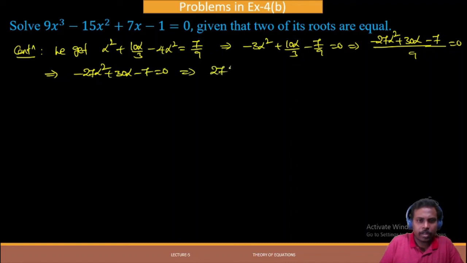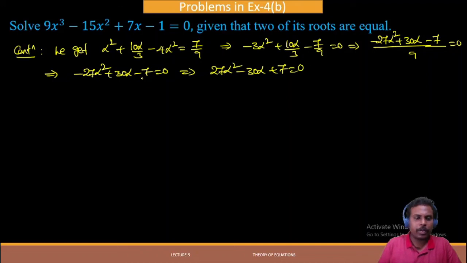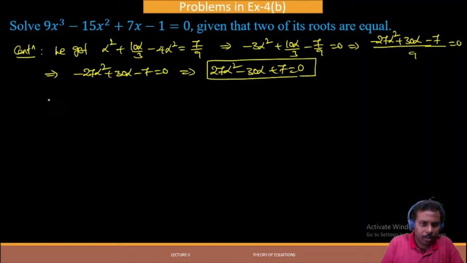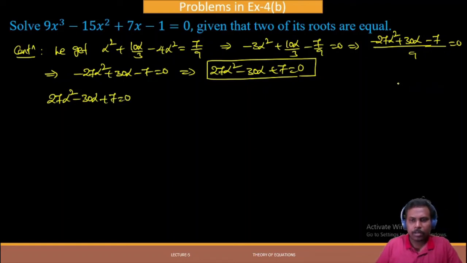We get 27 alpha square minus 30 alpha plus 7 is equal to 0. So upon multiplying, we will be getting this equation. So we have to solve this equation in order to get the values of alpha.